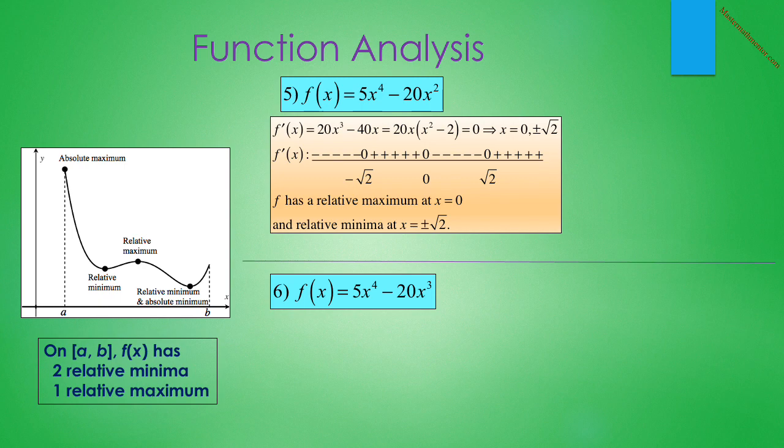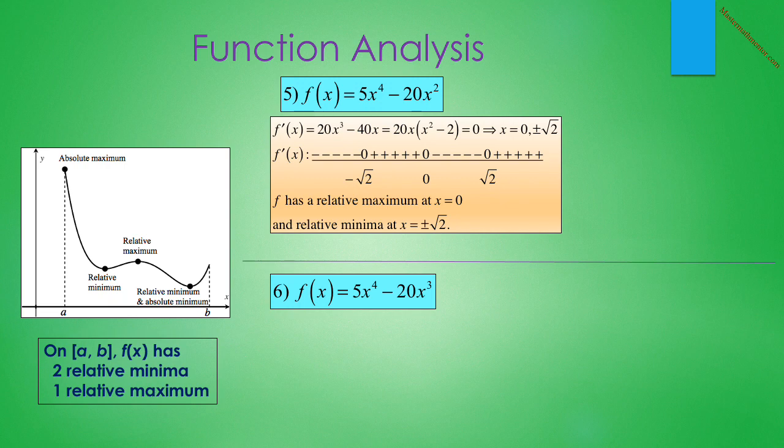We then make a sign chart with negative square root of 2, 0, and square root of 2, where the tangent lines are horizontal. That gives 4 different intervals, and our sign chart alternates negative, positive, negative, positive.